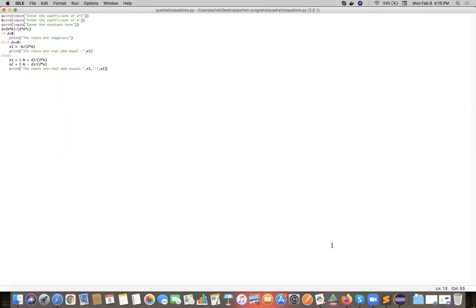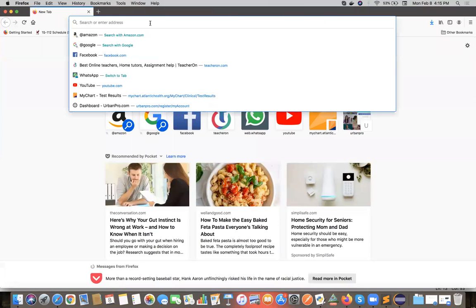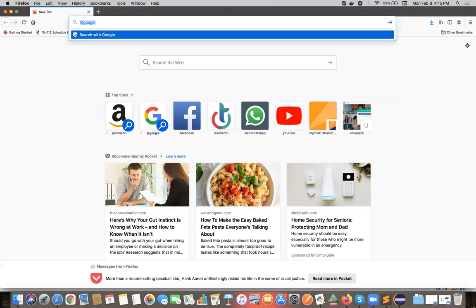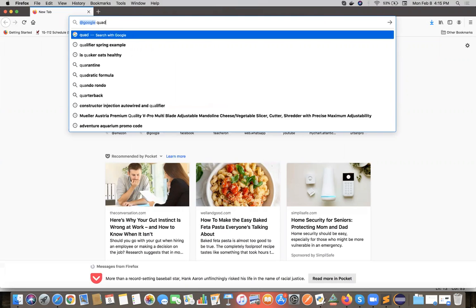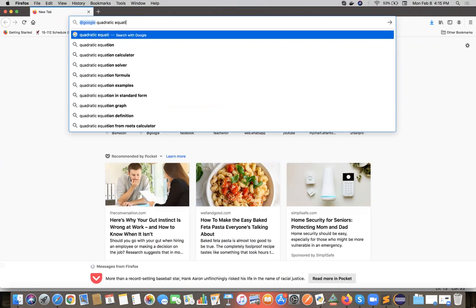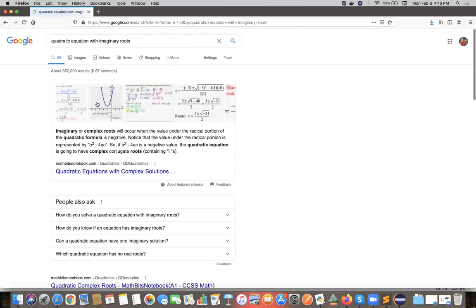Now there are some equations we can certainly test. Let's find out. I'm not getting something like that. Imaginary quadratic equation, imaginary roots. Yeah, some trigonometry imaginary roots.